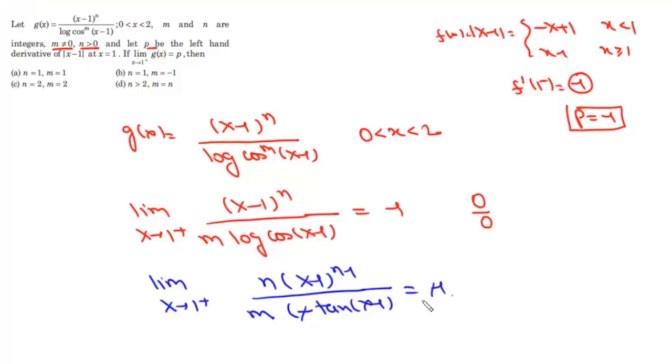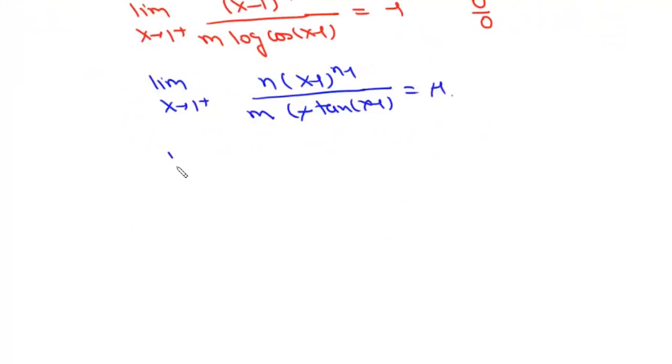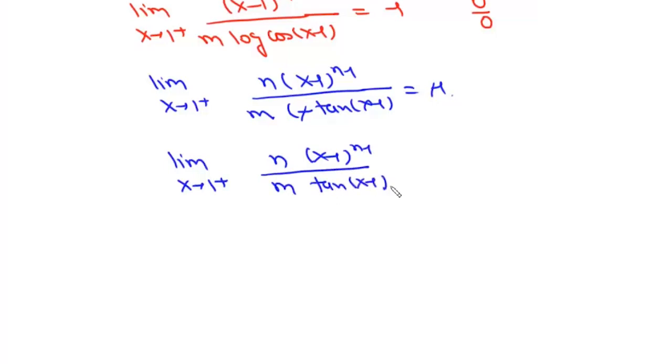Now this minus and minus will cancel. We can write this as the limit as x tends to 1 positive of n (x minus 1) to the power n minus 1 upon m tan(x minus 1). Now this limit must be equal to 1.